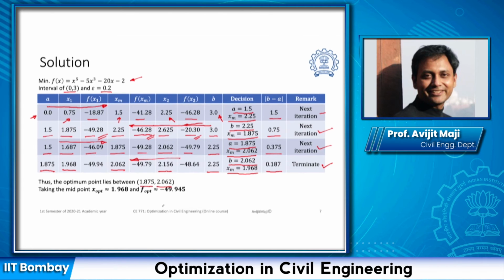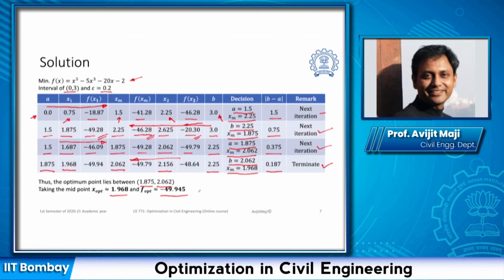And if we average it out, basically we are saying that the optimum point is going to lie very close to the middle point, which is 1.968, and expected optimum function value is going to be very close to negative 49.945.